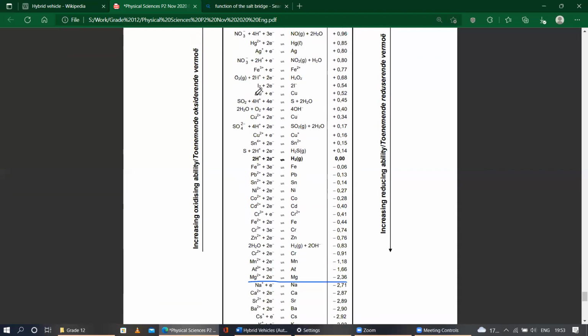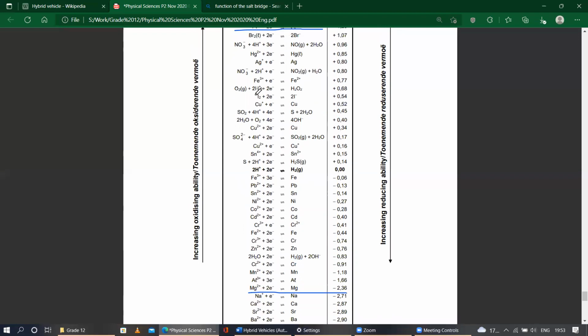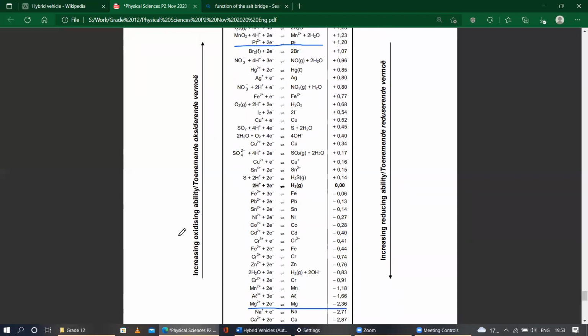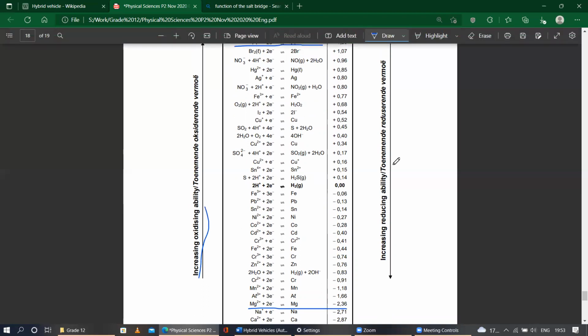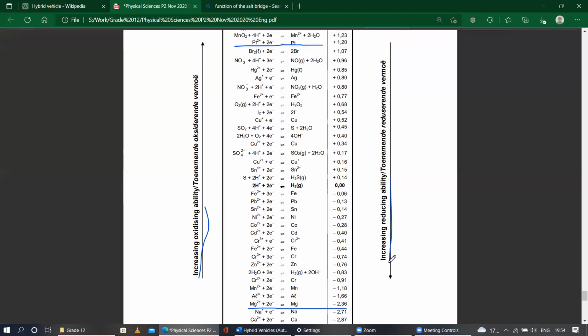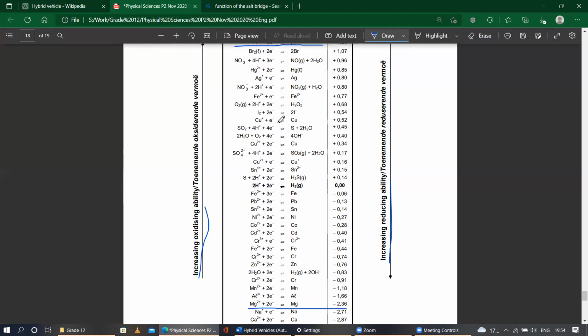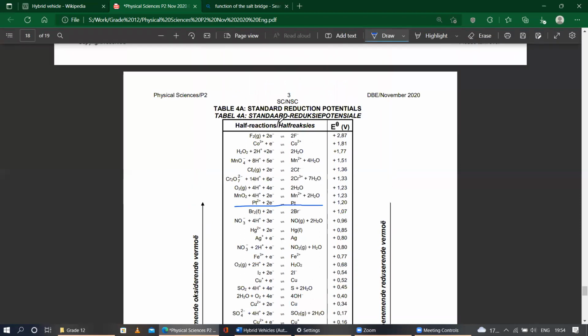If you look at the statements from the side, they say increasing oxidizing ability and increasing reducing ability. That means magnesium is more able to reduce other metals than platinum, meaning that magnesium is most likely going to reduce the platinum.